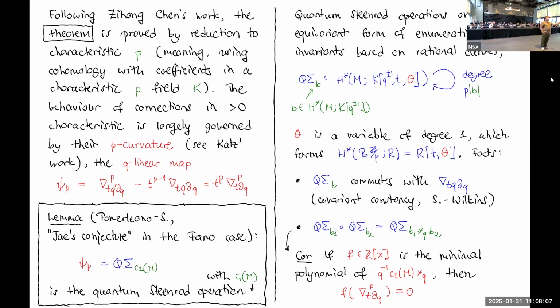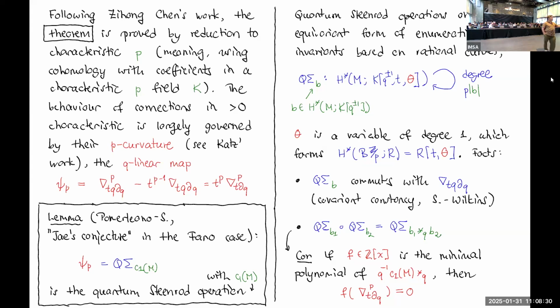So the composition of operations is actually the operation associated to the quantum product. This means that once we know this lemma, any relation that c1 of M satisfies will be satisfied by the P curvature. So we can ask, in the quantum cohomology ring, what does c1 of M actually satisfy? And the P curvature will satisfy the same.